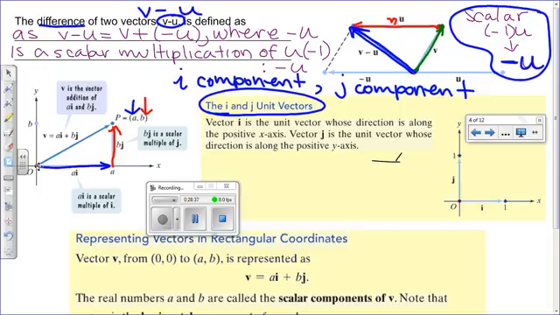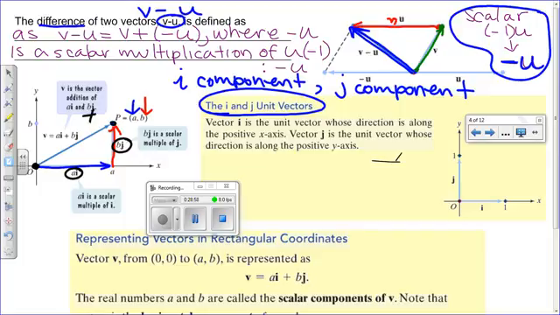So now we're saying that our initial point is always going to be at the origin, and when it's not, we're actually going to learn how to convert it to that. So then if you consider the horizontal component, which is the i component, and the vertical component, which is the b component, that's what will give you the terminal point of your vector.